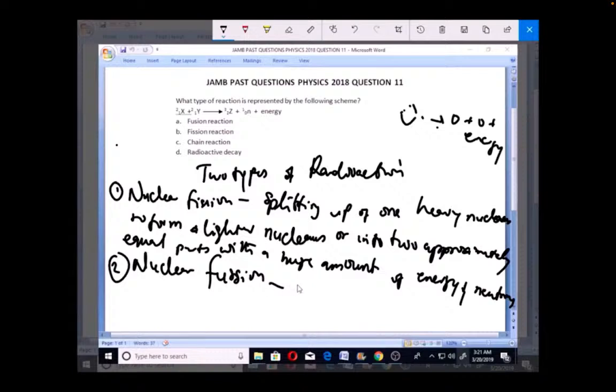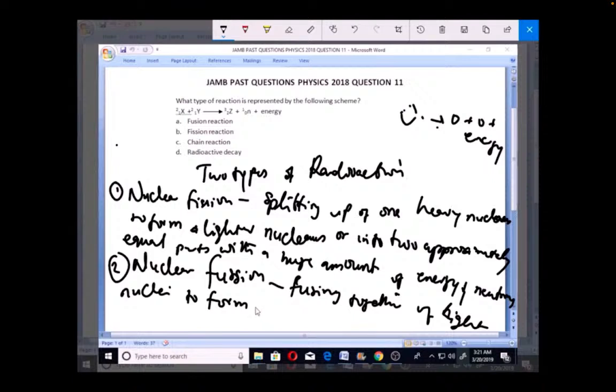But nuclear fusion is the fusing together, the coming together of lighter nuclei. So when you have two light nuclei coming together, that's smaller nuclei, we call it nuclear fusion. So when they are coming together, we call it fusion. When they are breaking up, we call it fission.